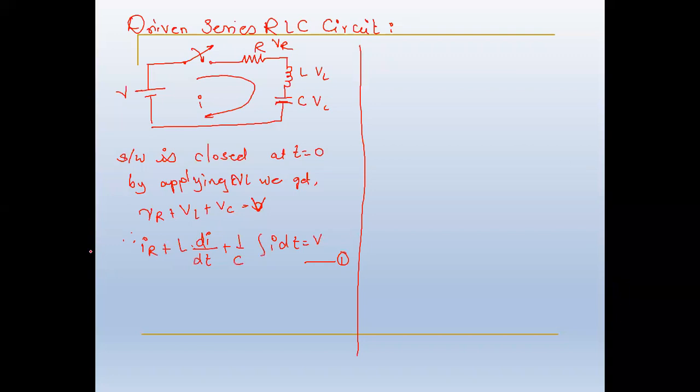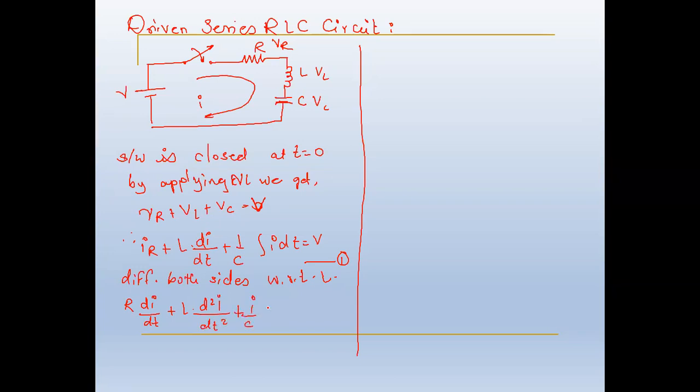So differentiating both sides with respect to t, we get R into di by dt plus L into d square I by dt square plus I by C is equal to 0.